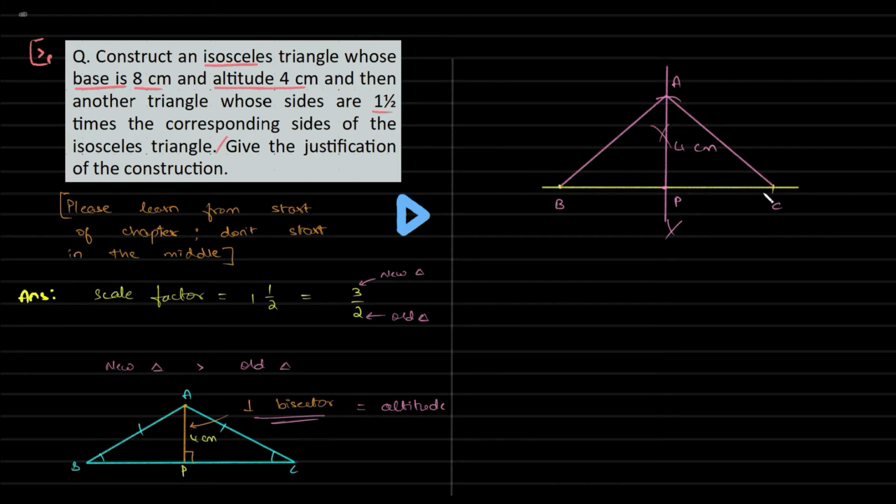Now we need the new triangle to be 3 by 2 times. That is, it is of length 3 if BC is of length 2. So for that we need to draw a ray BX on which we are going to draw 3 arcs of equal distance, and join C to B2.